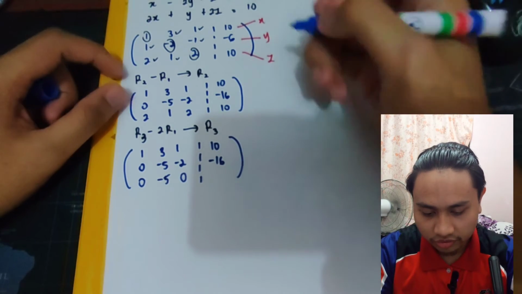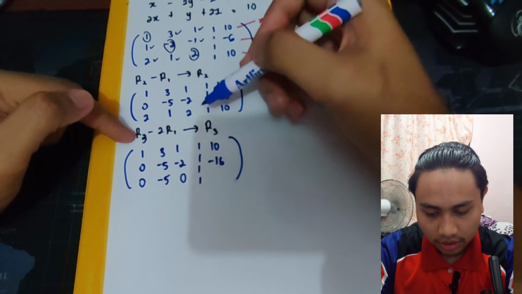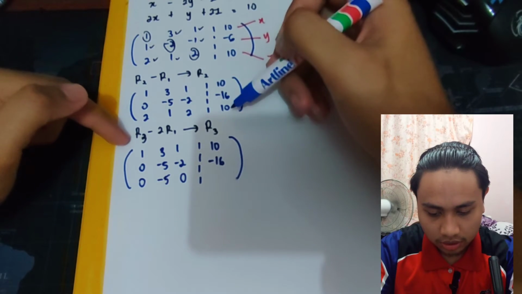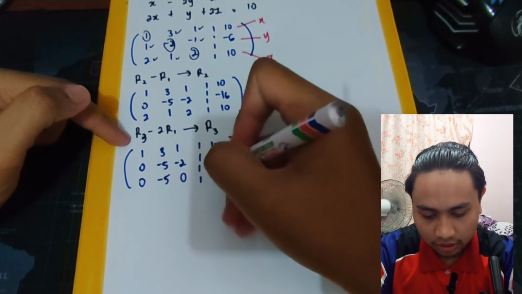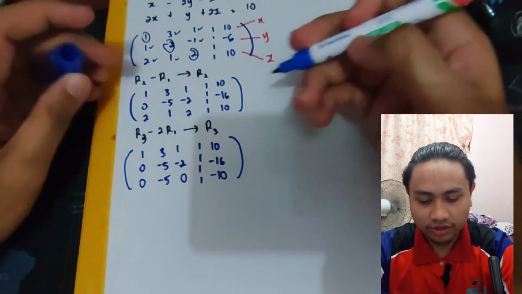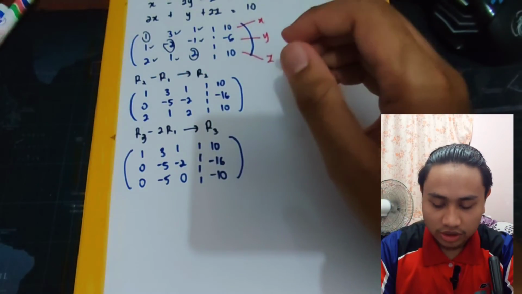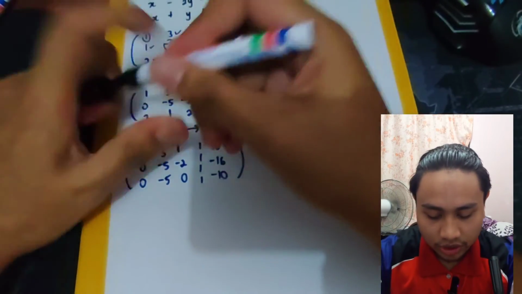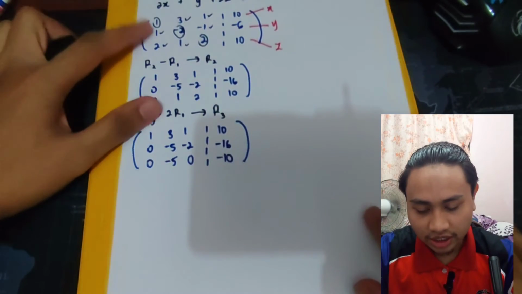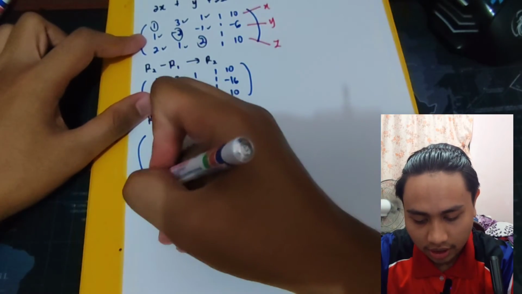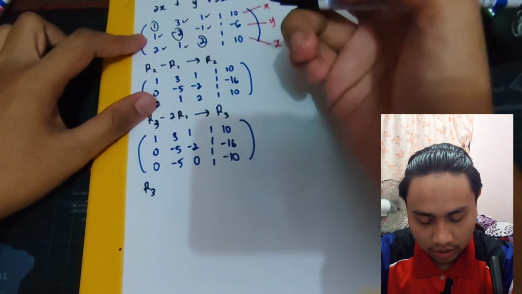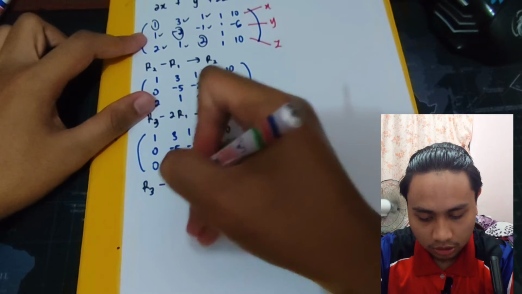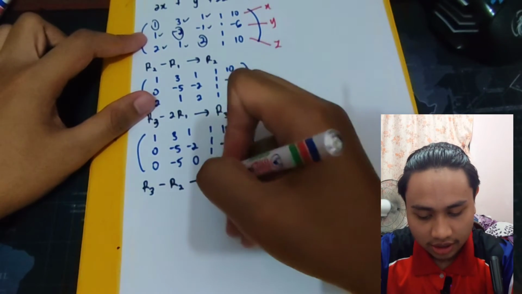Okay, negative 10. Then we still don't have 0 here, so we need to make another operation. So we need to make R3 minus R2, then we write it as R3.